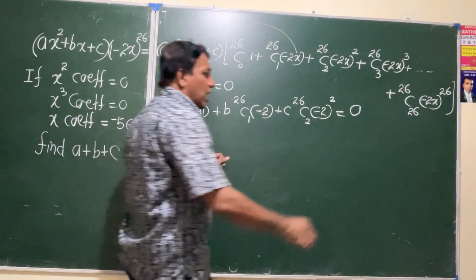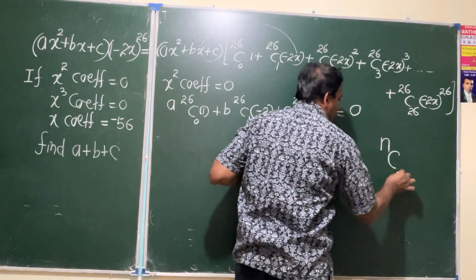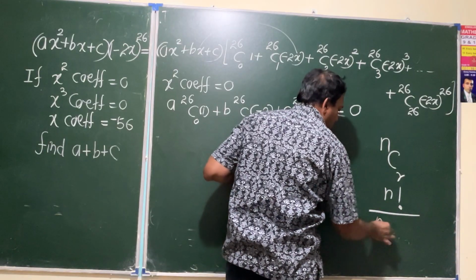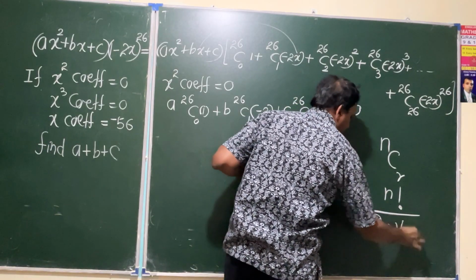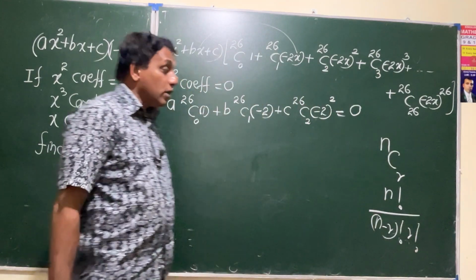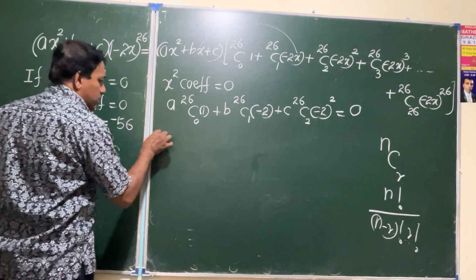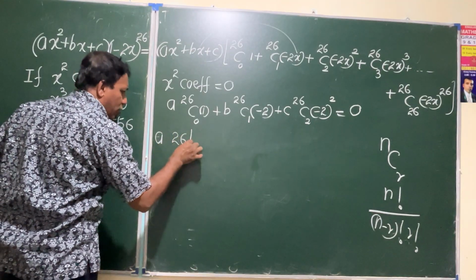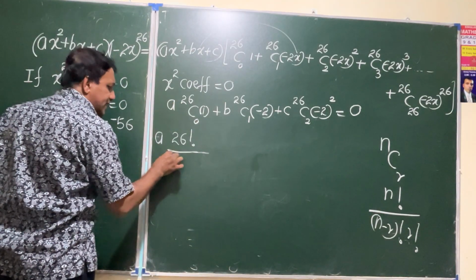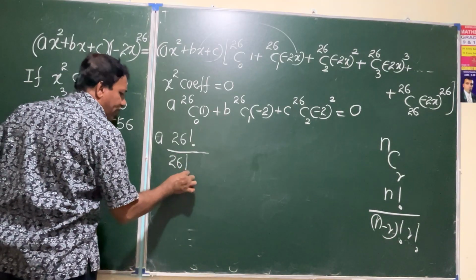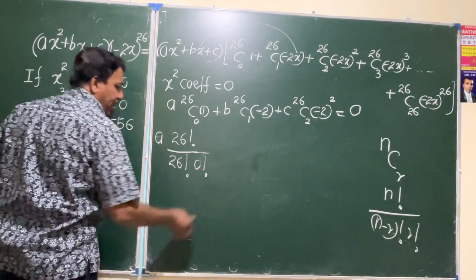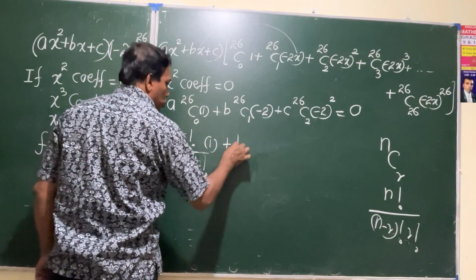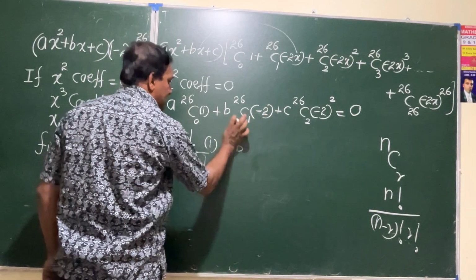Do you know the nCr formula? The nCr expansion is n factorial over r factorial into n minus r factorial, right? If I show that form here, for a, first time 26 factorial over 26 minus 0 factorial, and 0 factorial here is 1, right? Okay, what is that? b into c, there's a minus here.